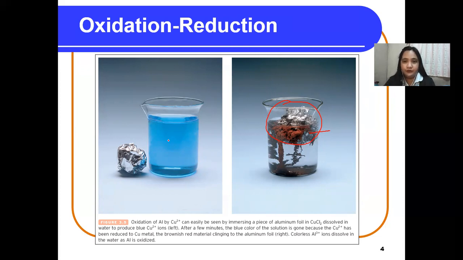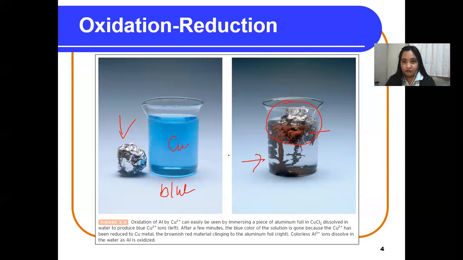Okay, you can also see another observable difference: the color of the solution goes from blue to, of course, colorless. So if you were doing this inside the laboratory, I would actually check two observations. You have to observe the aluminum as well as the copper.